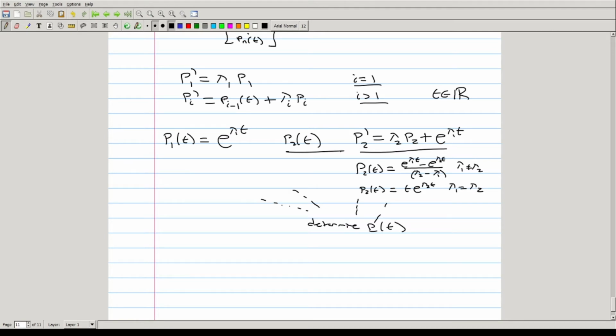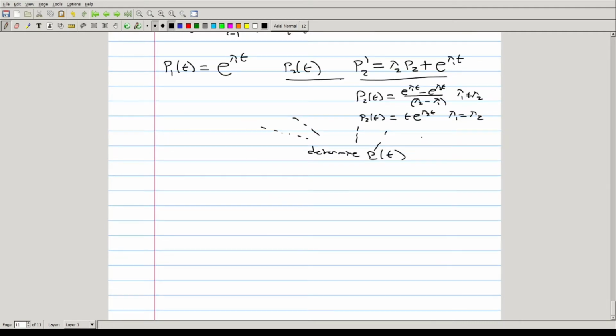And what's really nice about this is that we're going to see that using these vector functions and the properties of these vector functions, we can directly go through and show that the matrix phi satisfies the differential equation. So let's consider the difference between the matrix phi prime of t and A times phi of t.